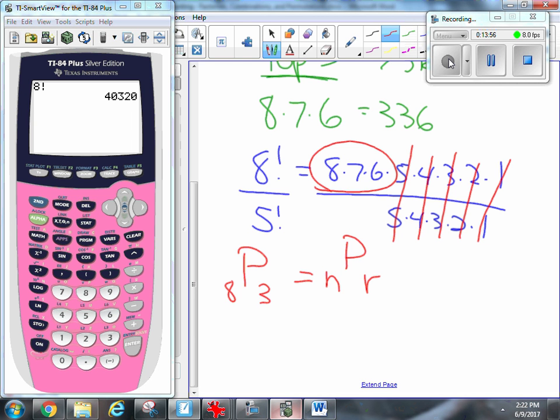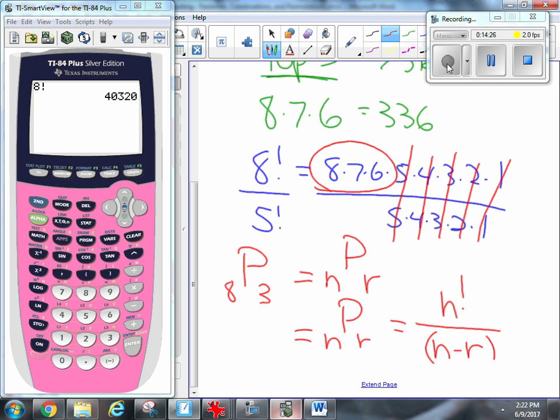So what I end up with is permutation n to r is equal to the factorial of the total divided by the factorial of the total minus the number I'm concerned with.